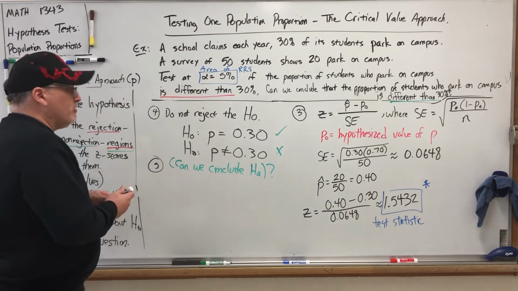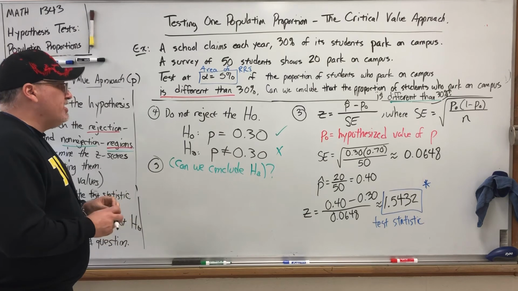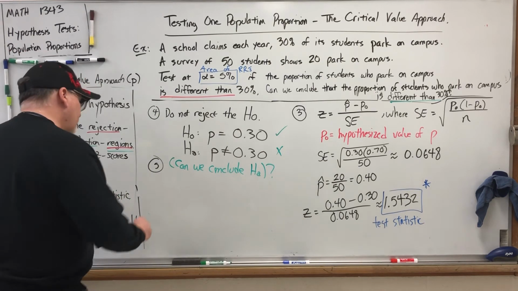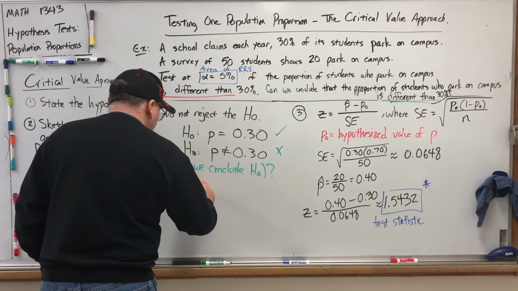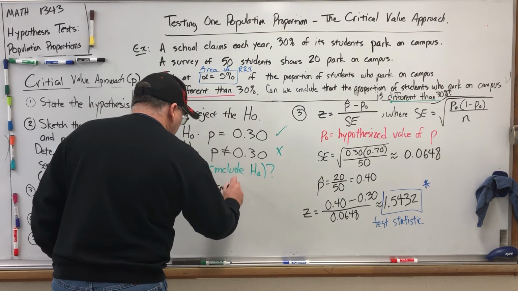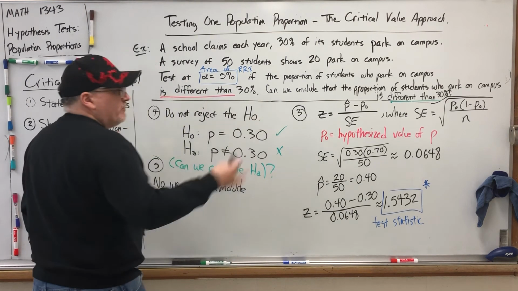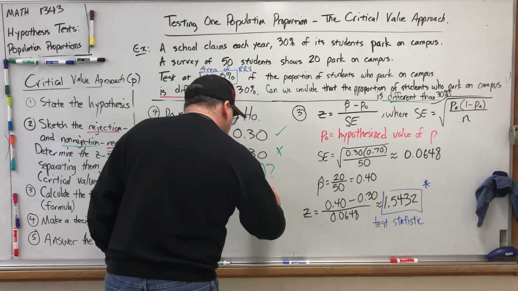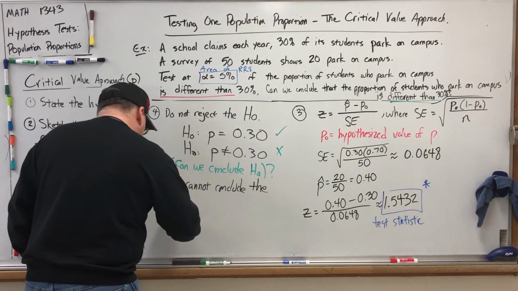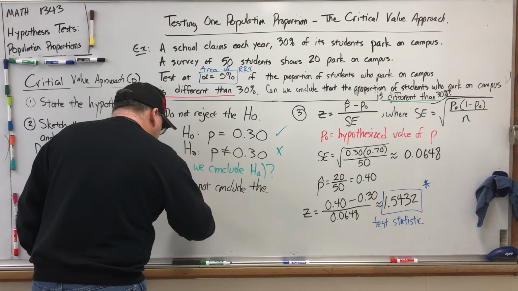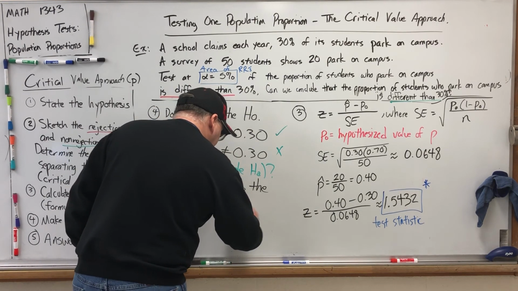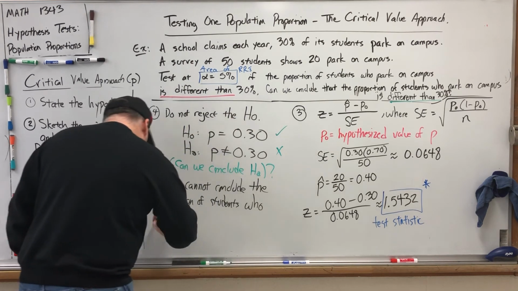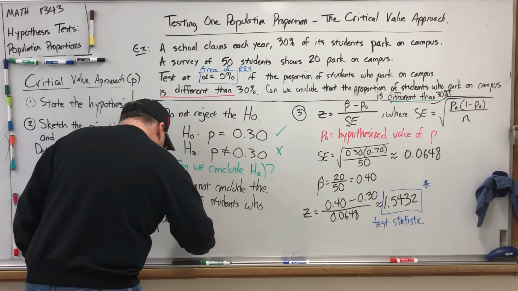So how would you answer this? Well, basically you just say yes or no and then restate the question. No, comma, we cannot conclude the proportion of students who park on campus is different than 30%.